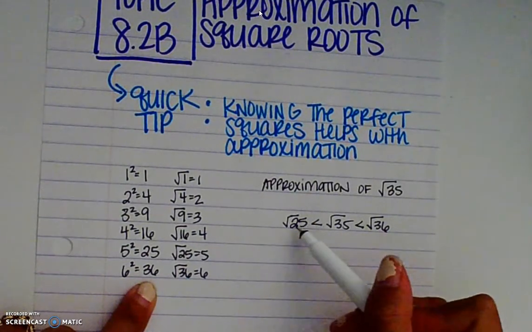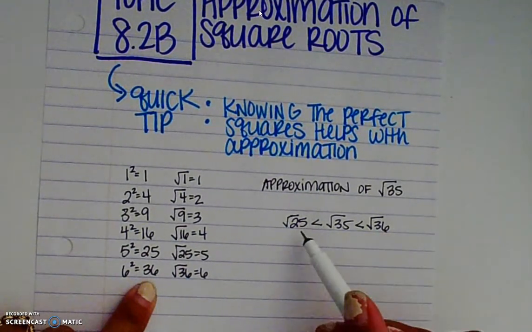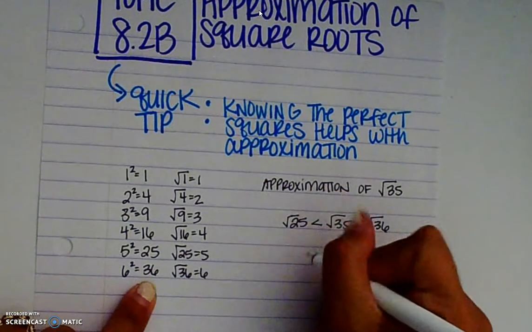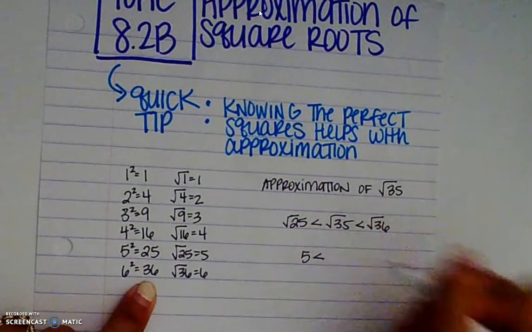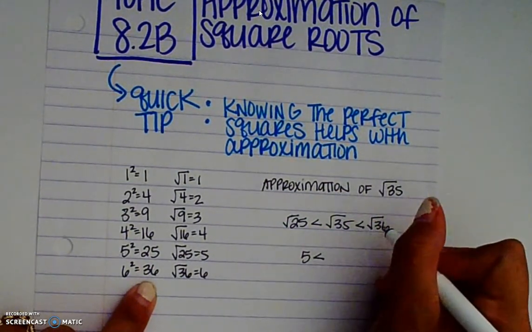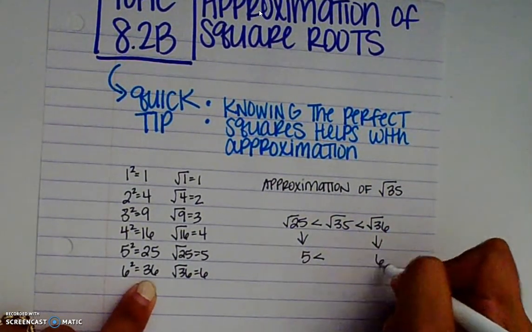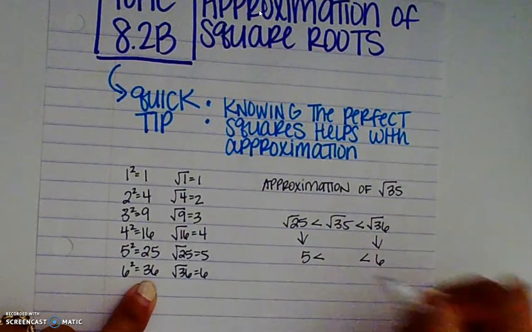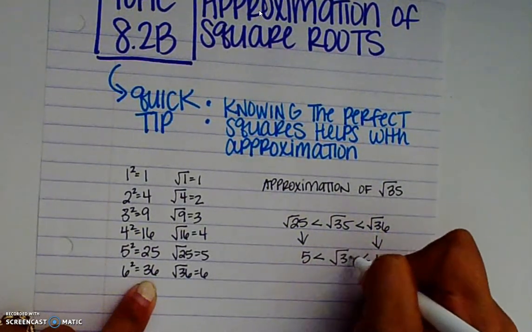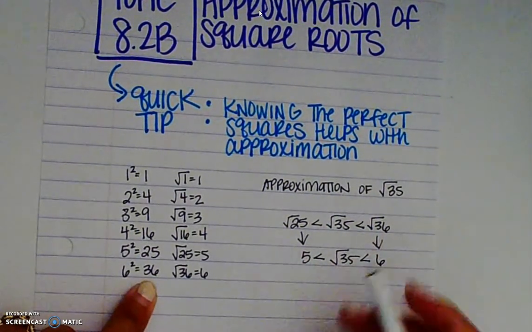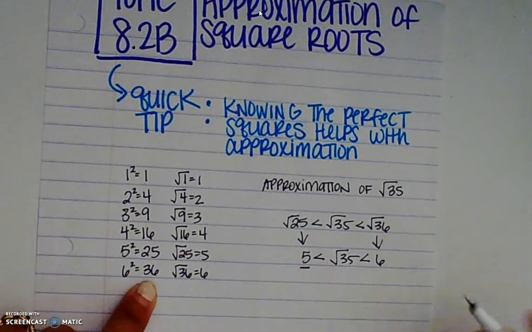The square root of 25 is 5, and the square root of 36 is 6. So the square root of 35 is going to fall somewhere between the integer 5 and the integer 6.